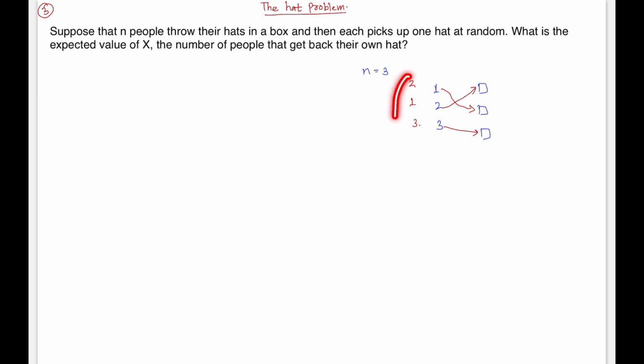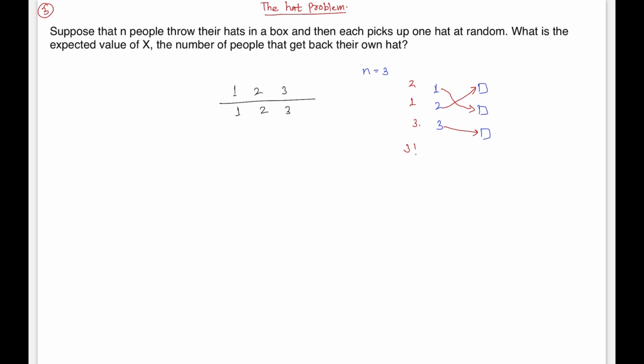How many such possibilities could there be? This is nothing but a permutation, right? So here we have 3, so there will be 3 factorial such permutations, right? So these are the persons. One of the permutations is that person 1 will get back his own hat while picking, 2 will get his own hat, 3 will get his own hat, right?